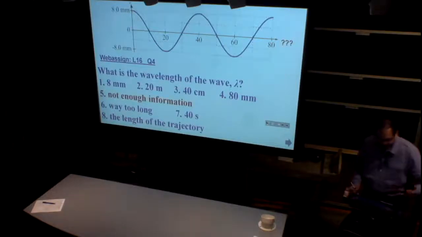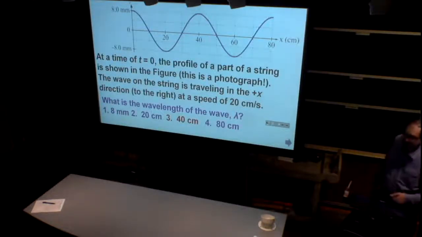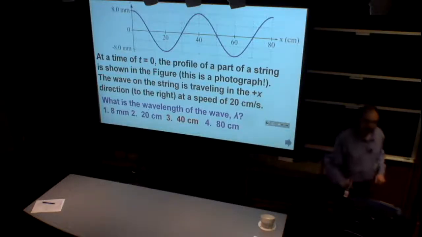So the right answer so far is not enough information, and you should ask, what is the axis? And I will tell you, that's centimeters. And now, of course, only now, the answer 40 centimeters will be correct.